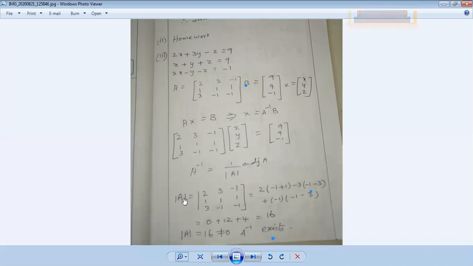So first find the determinant A. How to find it, you know that. Do it by yourself, and the value of the determinant is equal to 16. 16 is not equal to 0, therefore the inverse exists.